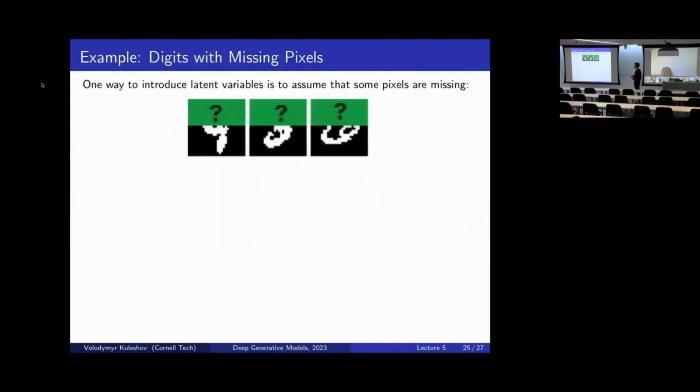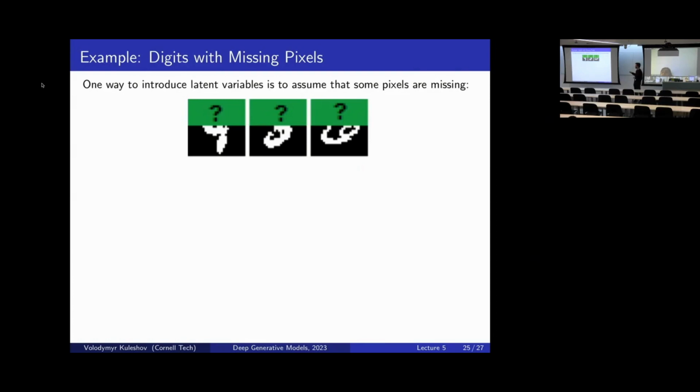And I have one other example of latent variable models. You can easily define a latent variable inference task by removing certain data from your data set. Let's say that we have a data set of digits, but we remove the first half of each digit, and we call that a latent variable.